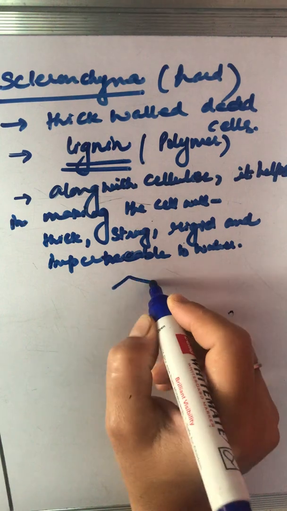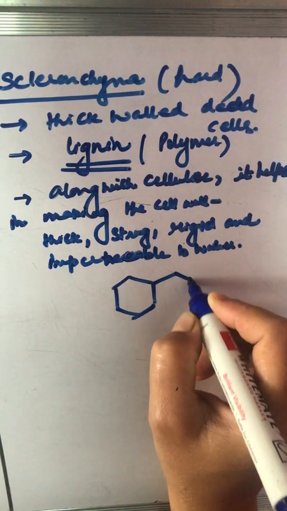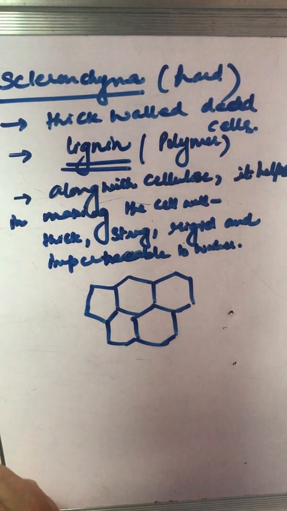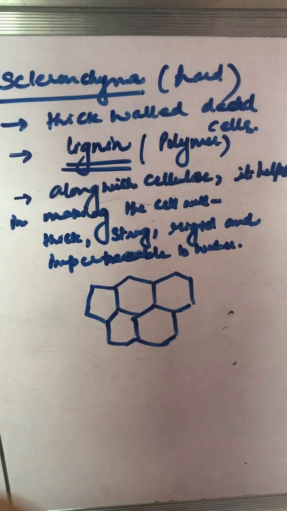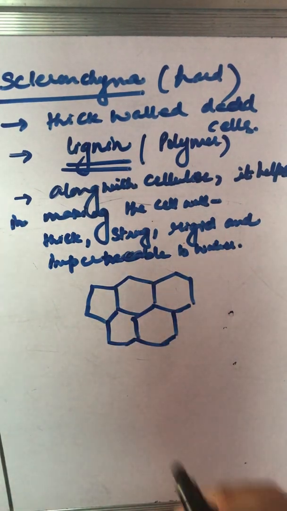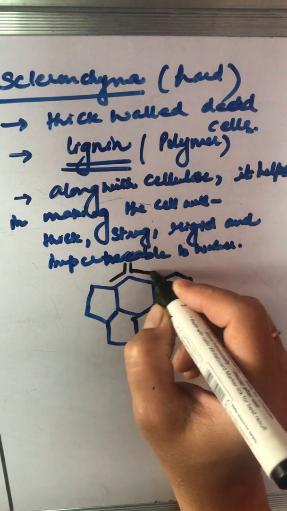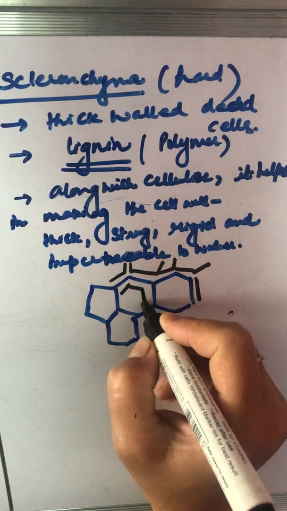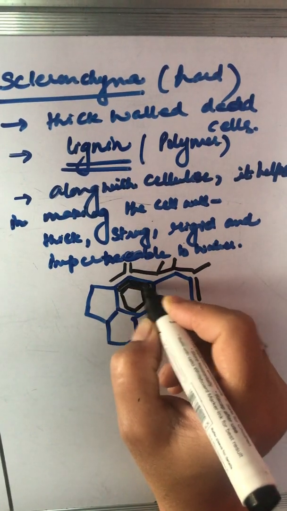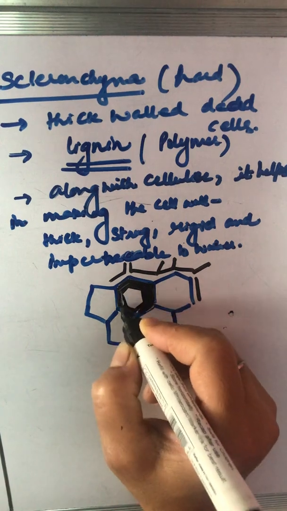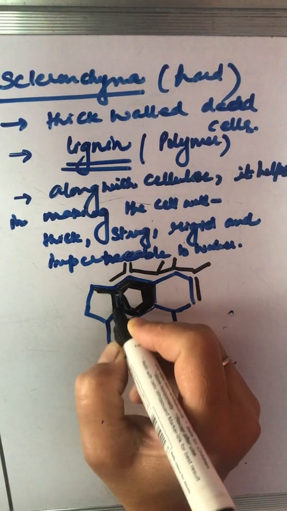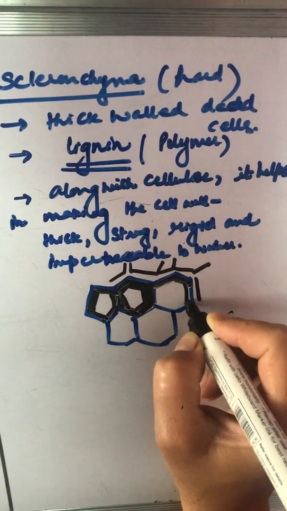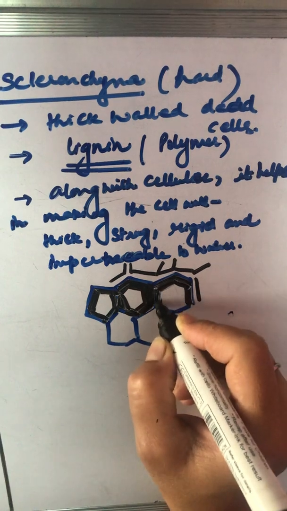I'm showing you a transverse section, what if the thickenings are present all over and how the cell structure will appear. These thickenings are present here in the corners. चलो, ये thickenings बनाते हैं. This is a thickening. Here also, everywhere. So what is happening to the internal or the central cavity of the cell?